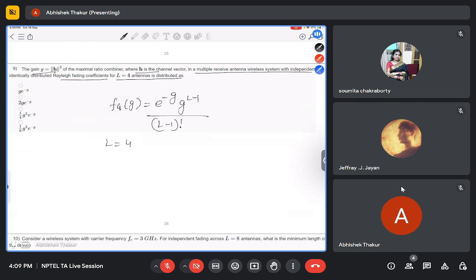So here L is equal to 4. So this value is e to the power of minus g, g to the power of 3 by 3 factorial. So this will be 1 by 6 g cube e to the power of minus g. So option D is the correct answer for this question.